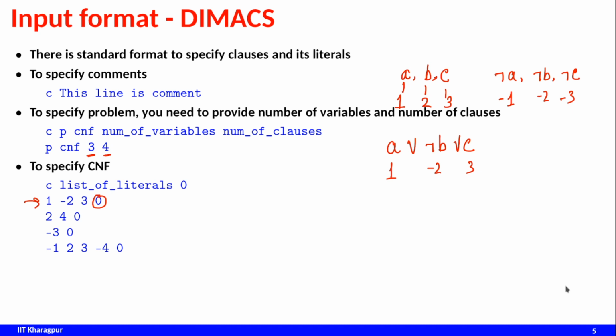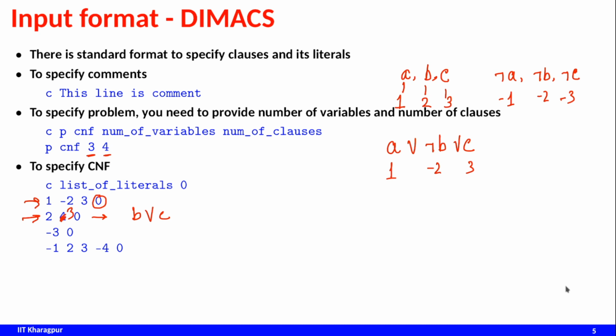Similarly we can have many other clauses. For this clause it effectively means B or C. Okay, I made a mistake. This should not be 4 because I have 3 variables, so let me make it 3.